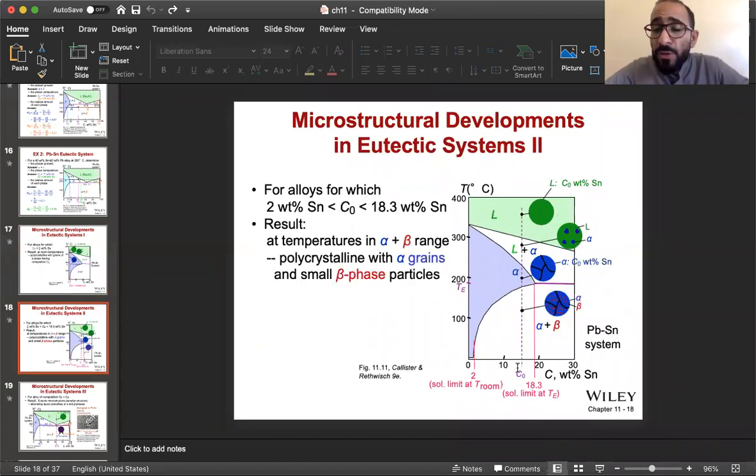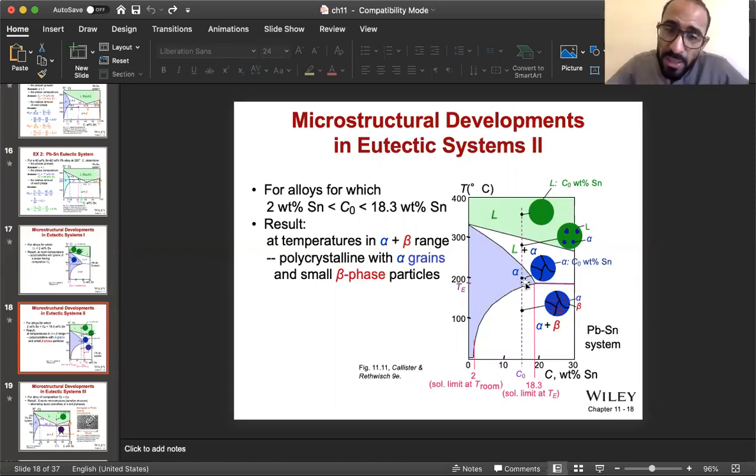Now, what's going to happen if you have a higher composition of tin? Here you start with the liquid phase. You cool down, you hit this region, and part of the liquid is going to start to nucleate and form the solid phase. If you keep cooling down, nucleation and then growth of the solid phase end up with all the solid consuming the liquid, transforming to the solid alpha phase. Once you hit below this point, this line, if you remember, we call the solvus line.